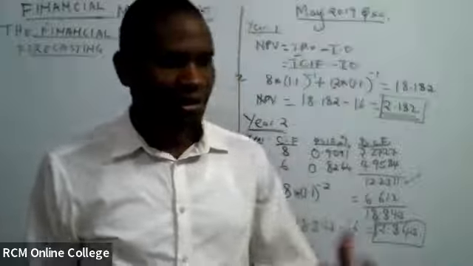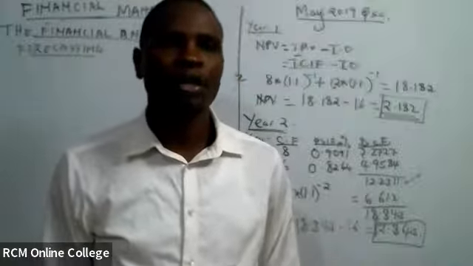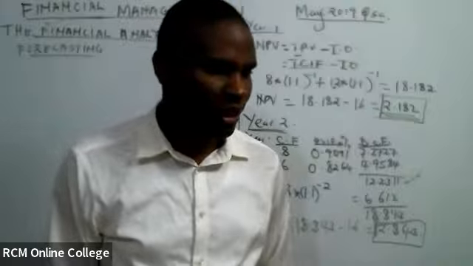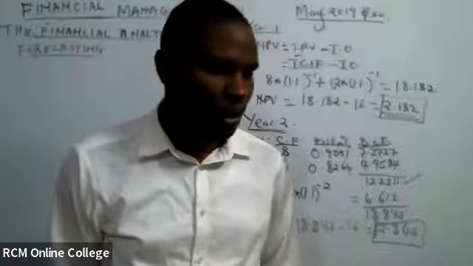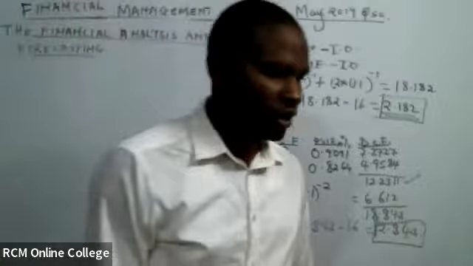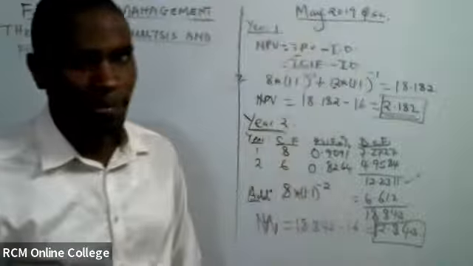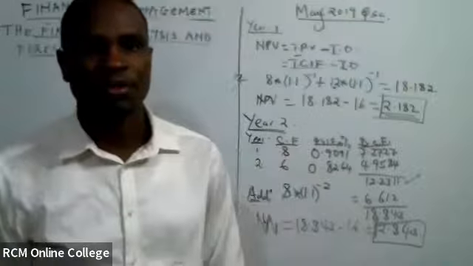And class, as you know, we have several components of financial statement, namely income statement, balance sheet, statement of cash flow. We also have statement of changes in equity, and we have the notes to financial statement.